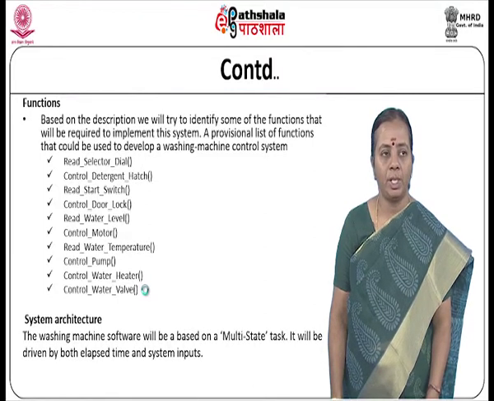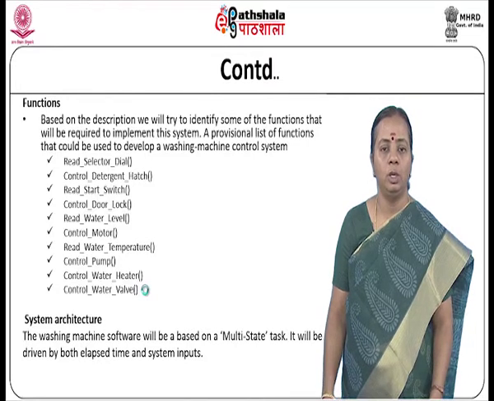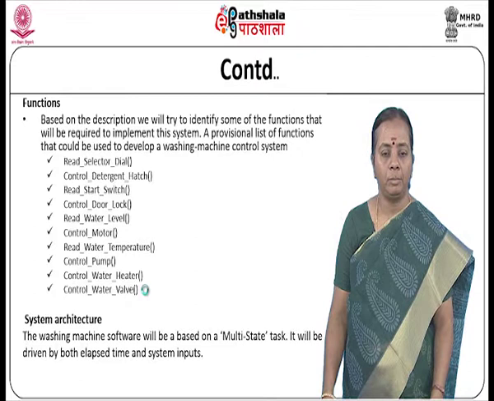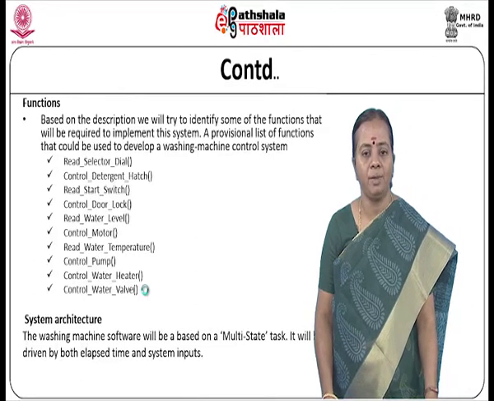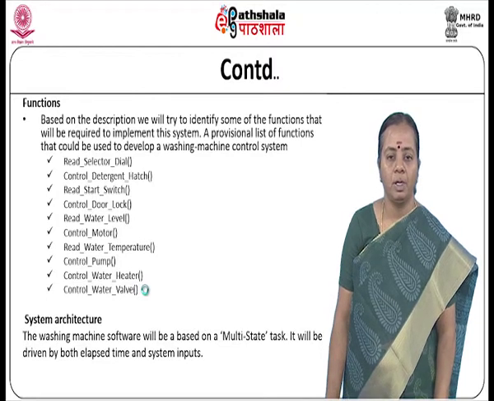When you look at the basic sequence, what controls do we need for this process? That is very important. We have to identify some of the functions that will be required in this system.